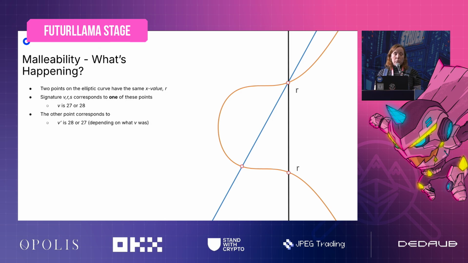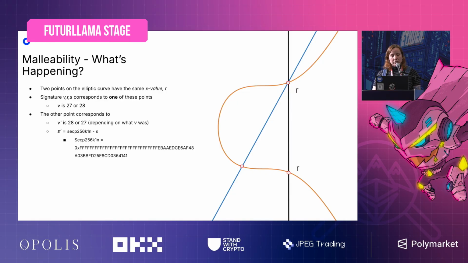But then there's this other point that's going to correspond to V prime being the opposite value. So if V was 27, then V prime would be 28, for instance, or vice versa. And then S prime would be this value subtracting S from it.